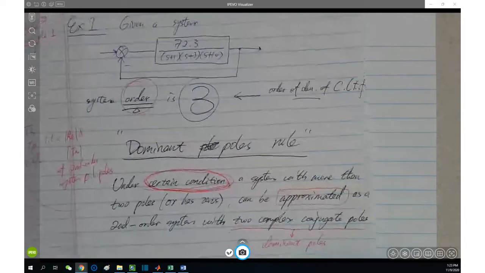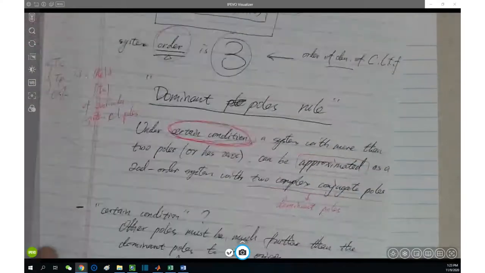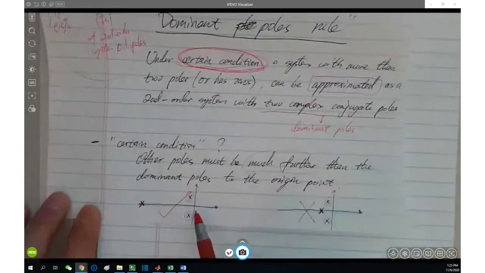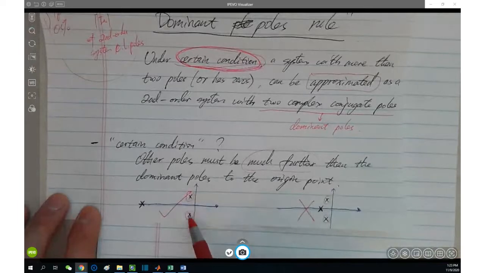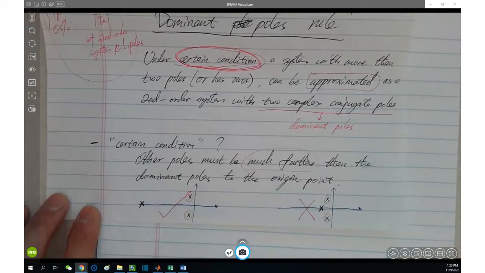It's actually not that difficult. It's very simple. Just try two things. One is the step response. Second is the frequency response. Look at this system: I'm using these two poles as dominant poles, and I do the step response and frequency response, and then I do the step response and the frequency response for the original system, which has 3 poles.